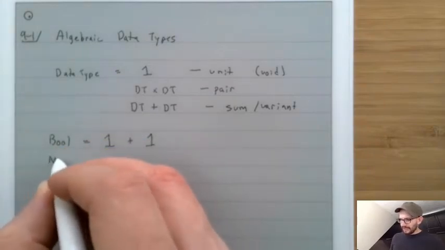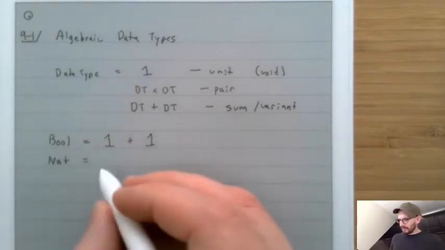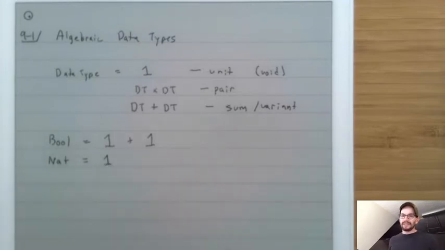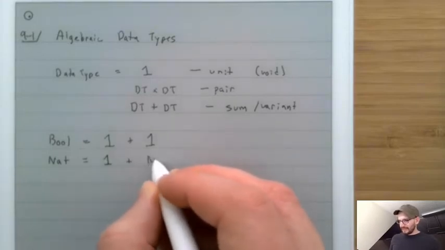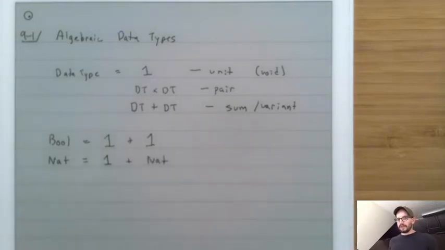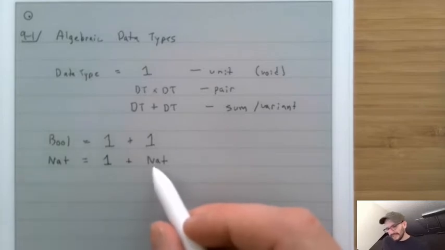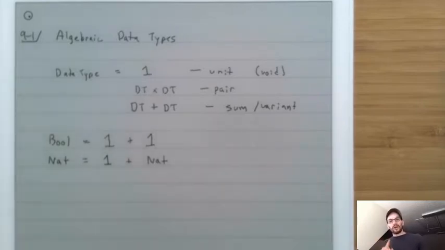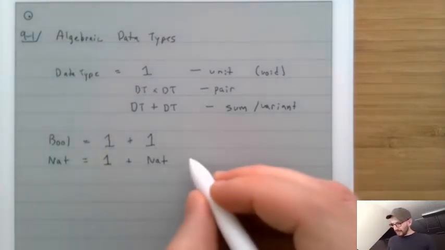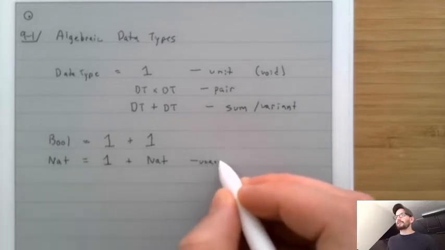Another example would be a natural number. A natural number is either 1, meaning something with no interesting information, so in this case 0, or it's another natural number. Now, of course, because this natural number right here is on the right, we know that it's on the right. Therefore, this right here is a unary encoding of numbers.